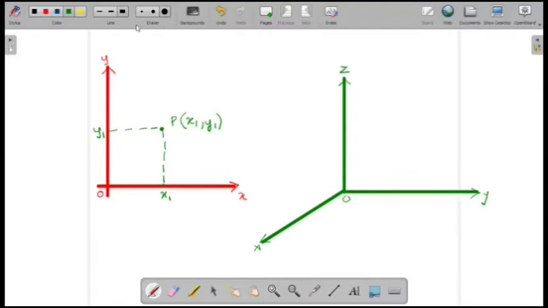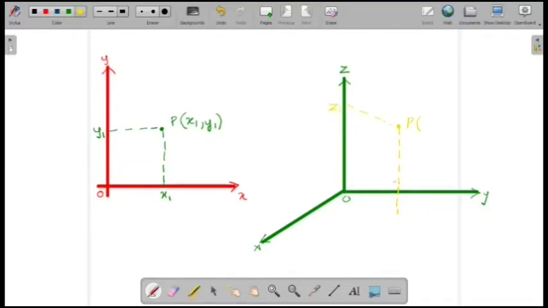Now I'm going to take the same point P. I have it here, and I just want to know how I am going to locate this point. It's easier if I start with Z. So I say that this point P is at some distance Z1 away from the origin. That means it is placed at some height, and that height is Z1.